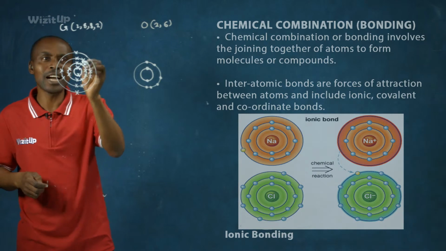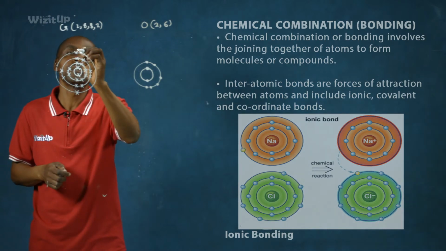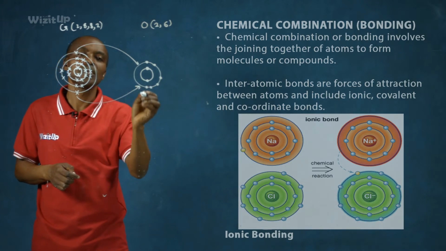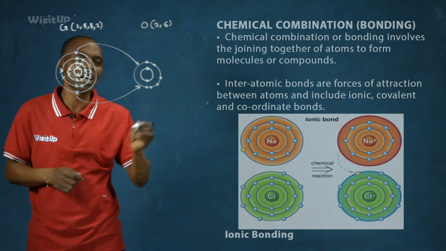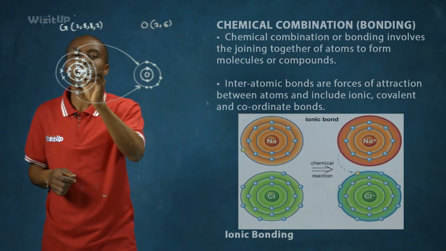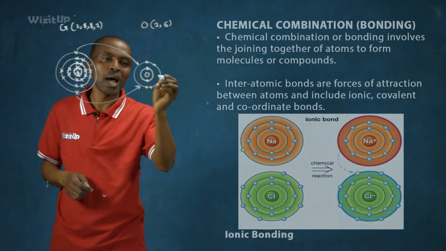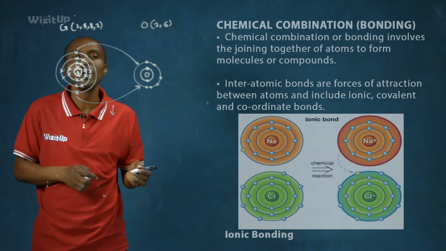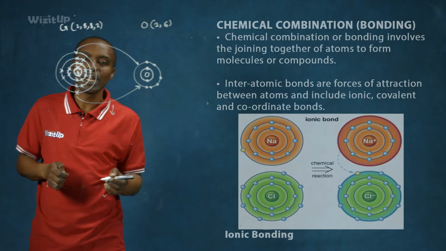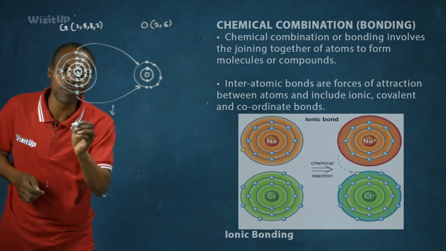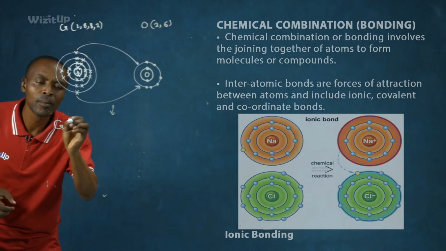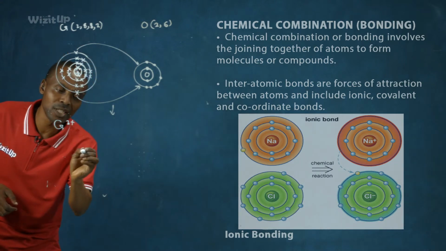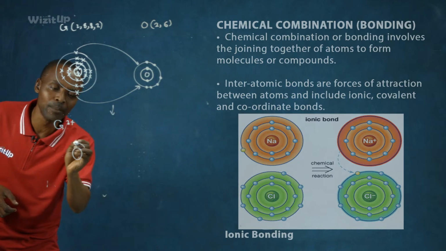Since calcium has 2 valence electrons, it can donate these 2 electrons to the oxygen atom. At the end of the day, we are going to get new ions being formed. The calcium atom forms a calcium ion.